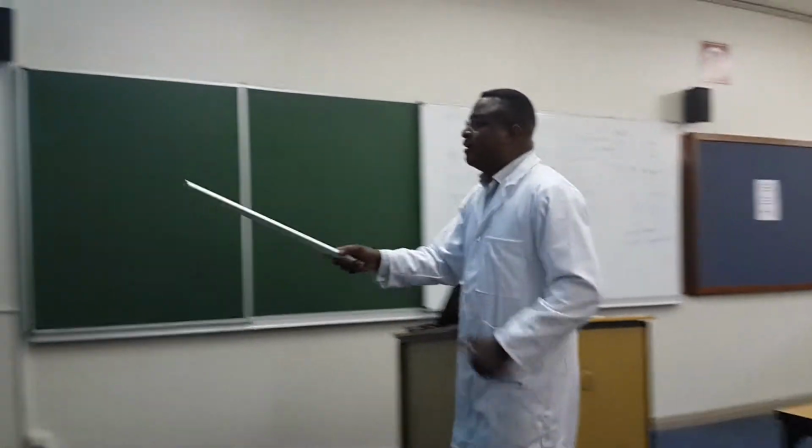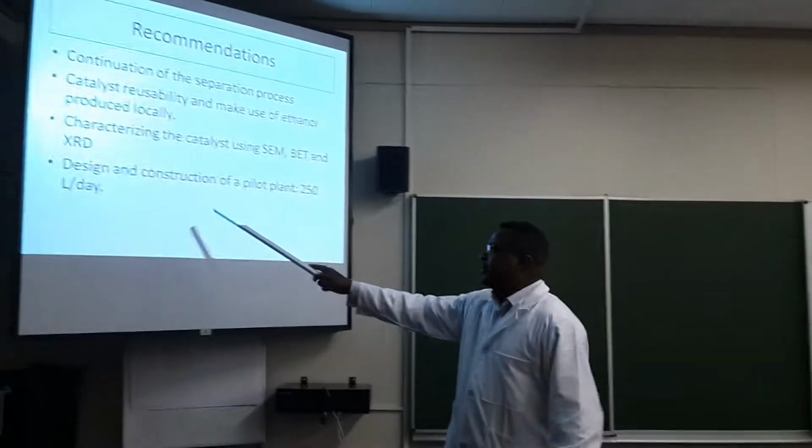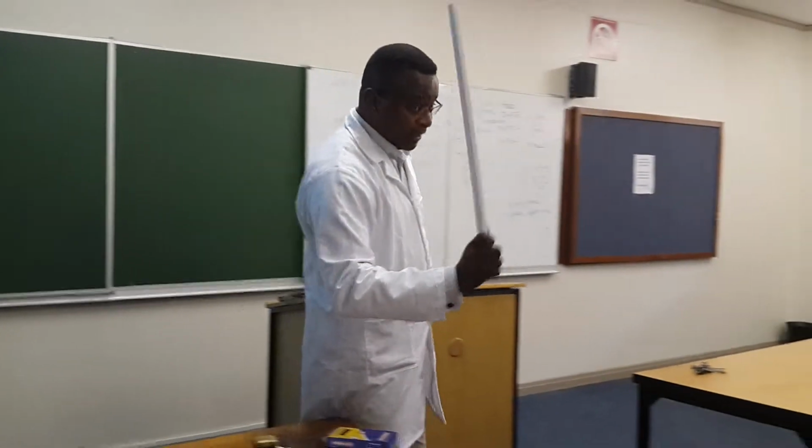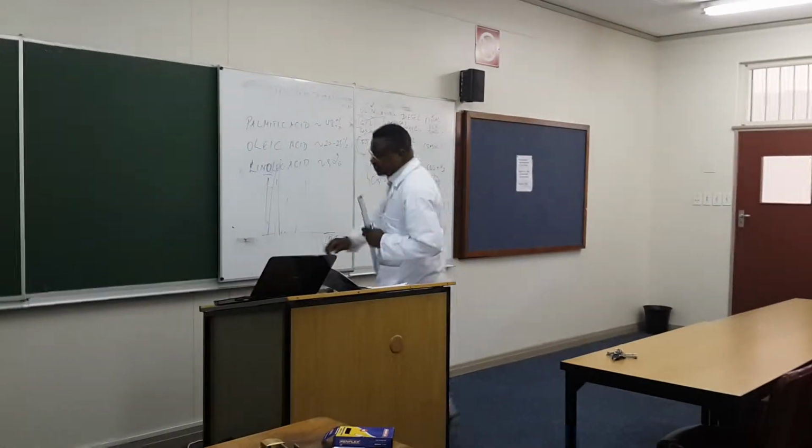And finally, you will have to design and construct a pilot plant at your level that should be able to produce 250 liters per day. I would like just to show you the picture that we are expecting to get from you guys.